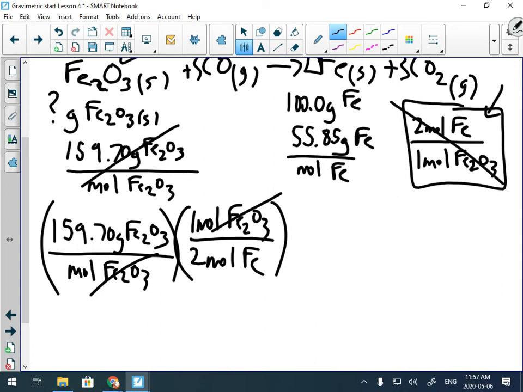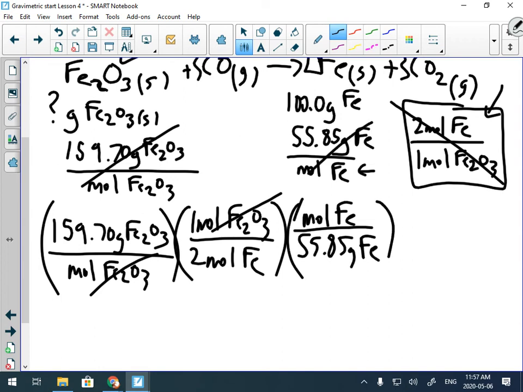Can't use that again. So I got to get rid of moles of iron, and I have that right here in the molar mass. I've got to flip that though. So 1 mole iron, if you don't like, you can put a 1 there, over 55.85 grams iron. Cancel. And then I can use the 100 grams of iron to cancel out the iron. Boom.